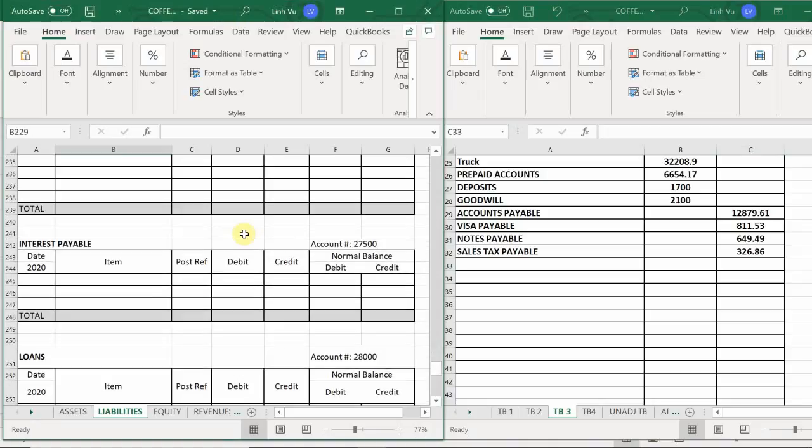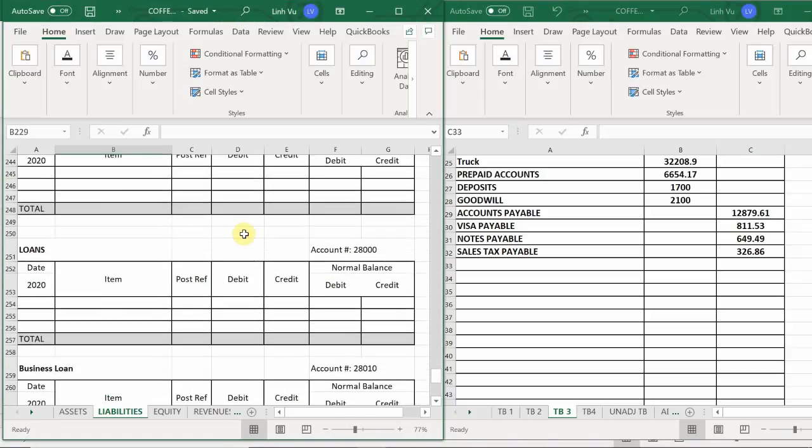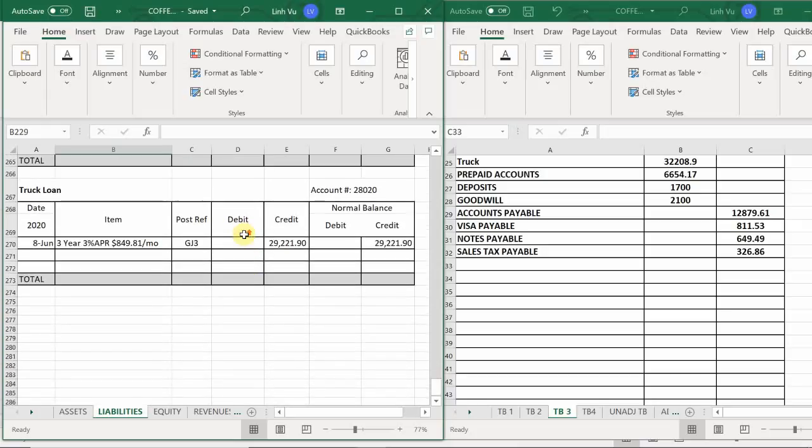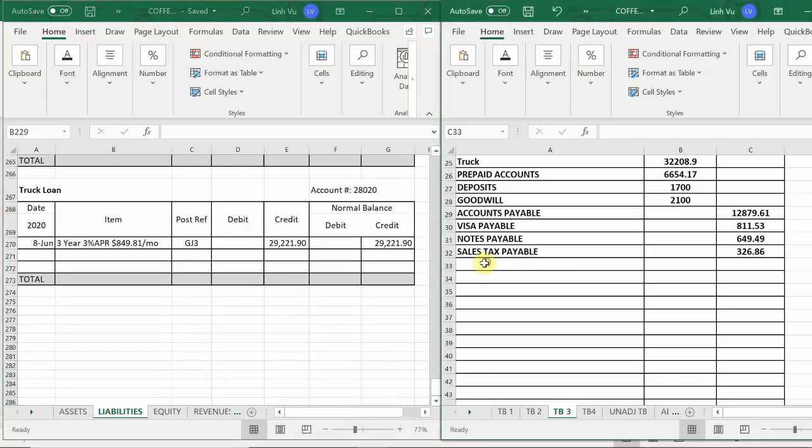No interest payable yet, but we do have loans. We have a truck loan, no business loan, but a truck loan. How much is my truck loan amount? $29,221.90.